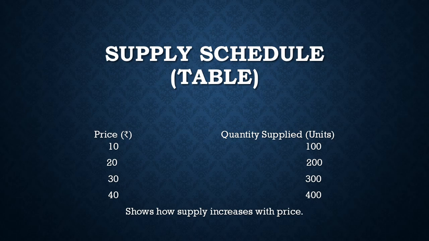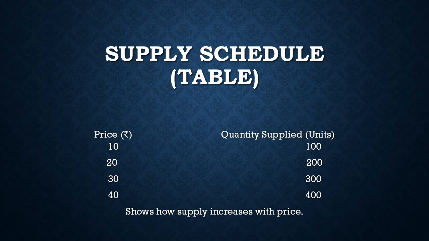Students, now let's understand the concept of a supply schedule using a simple table. A supply schedule is a table that shows the relationship between the price of a product and the quantity that sellers are willing to supply at those prices. Look at this table. When price is 10, the quantity supplied is 100. When price is 20, quantity supplied is 200.